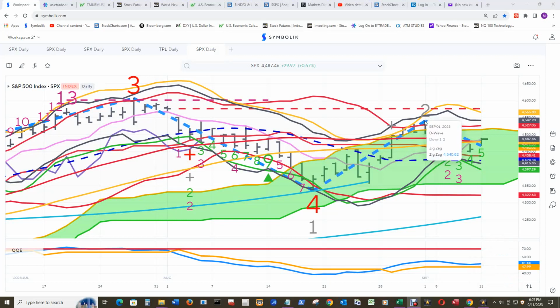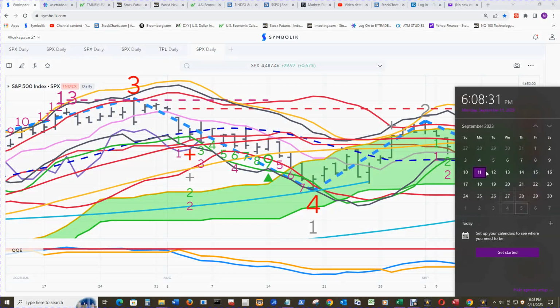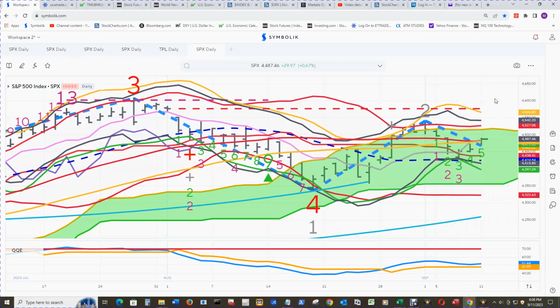But I'm a little concerned about the zigzag having the swing point at the D wave, down wave 2 again. CPI report is on Wednesday morning, so I don't expect much to happen for Tuesday the 12th, so we might just idle tomorrow and then see what happens on the CPI report.